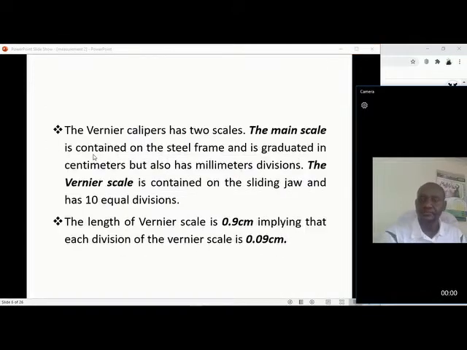Okay, the vernier caliper has two main scales. The main scale is contained on the steel frame and is graduated in centimeters, but also has millimeter divisions. The vernier scale is contained on the sliding jaw and has 10 equal divisions.